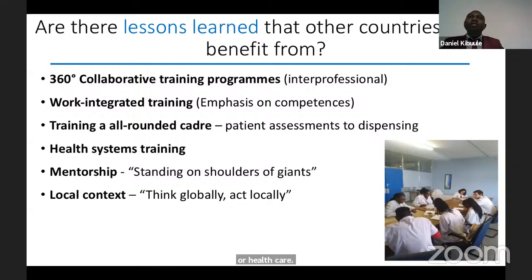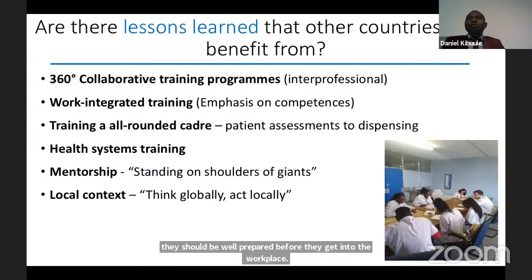So not only focusing on dispensing, but really a continuum of care from assessment of the patient to dispensing, as well as patient education. Then in the digital skills module, we are also trying to introduce our students to an understanding of the health system, because care is provided within this context of the healthcare system, and our students should be well prepared before they get into the workplace.